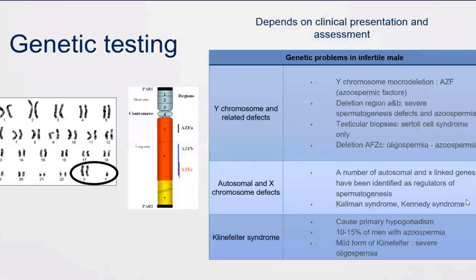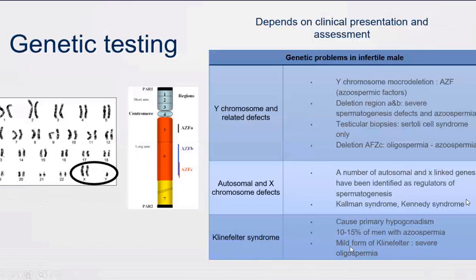If you take a biopsy in this group of patients, what you can see is just Sertoli cells without any germ cells in the biopsy tissue. If the patient has a deletion at area C, usually the patient will have some number of sperms, or oligospermia. Autosomal and X chromosome defects include Kallmann syndrome and Kennedy syndrome. And patients with Klinefelter syndrome, as I said earlier, usually have an extra X chromosome.